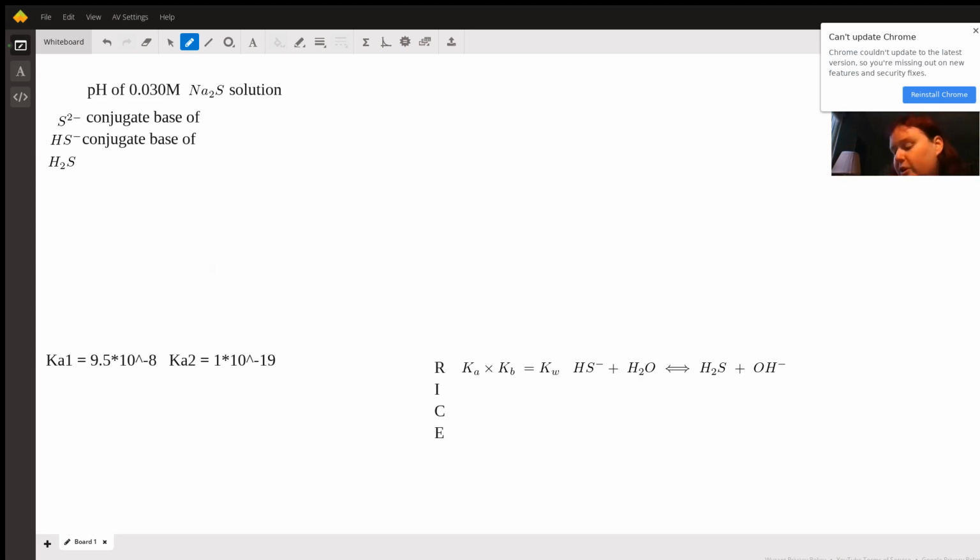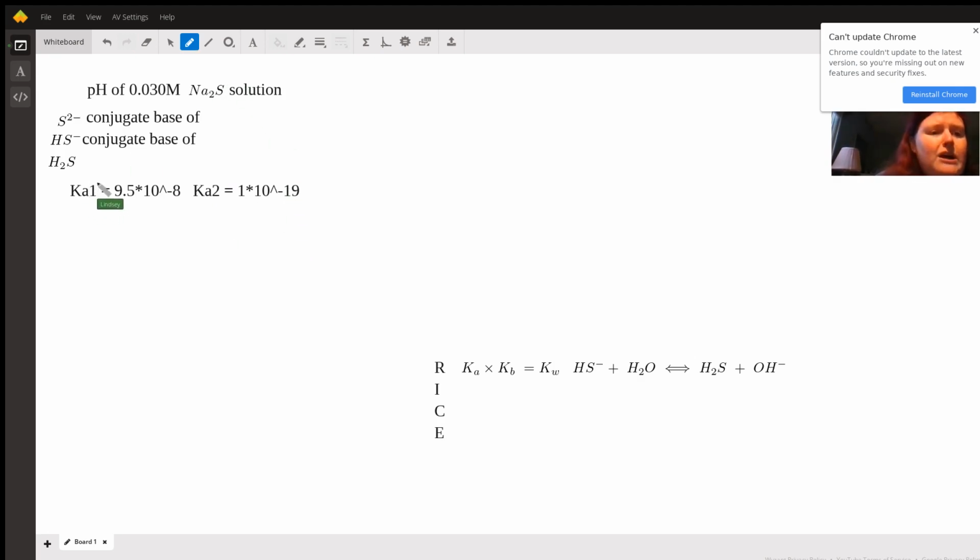So not only do we have a salt problem here, we have a problem that involves an anion of a polyprotic acid. So we are going to need to look up the Ka values for H2S, and there are going to be two of them. So we have Ka1, which is 9.5 times 10 to the negative 8. I got these from my textbook, and Ka2.